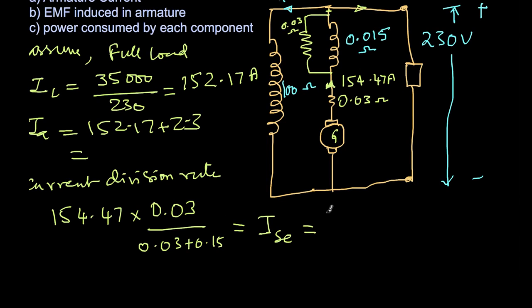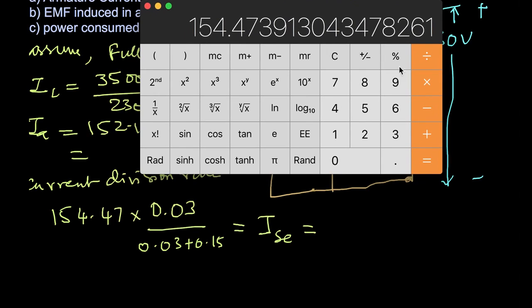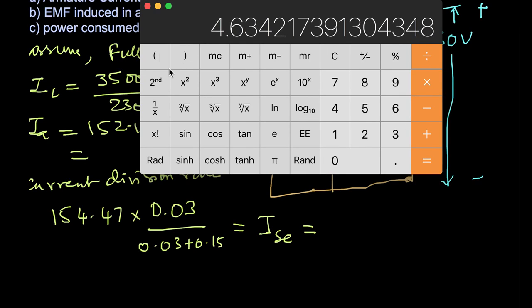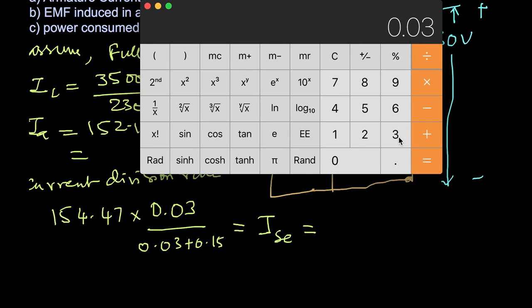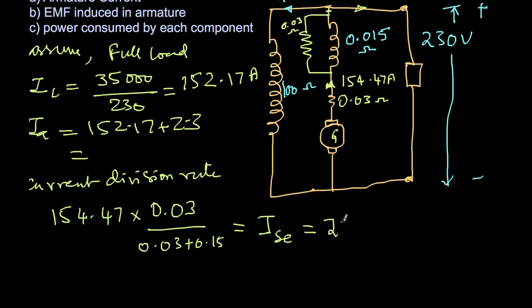So how much is that? I'll multiply with 0.03 and then divide with 0.03 plus 0.15. So this will give me 25.74 amperes.